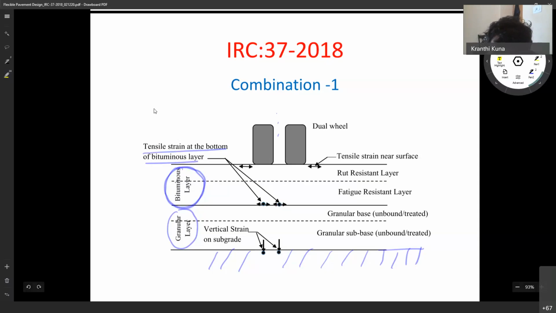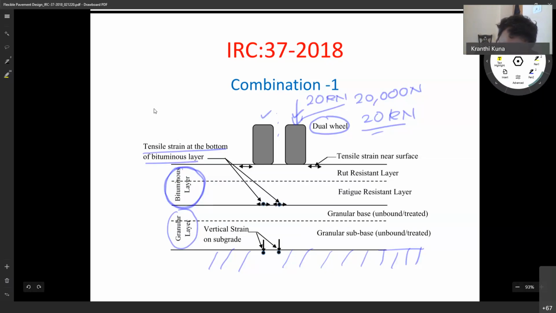One point I want to highlight here is that when you are analyzing, meaning modeling the pavement section in IIT PAVE, you consider a dual wheel. Dual wheels means two wheels, wheel 1 and wheel 2, each carrying 20 kilonewton, that is 20,000 Newton.